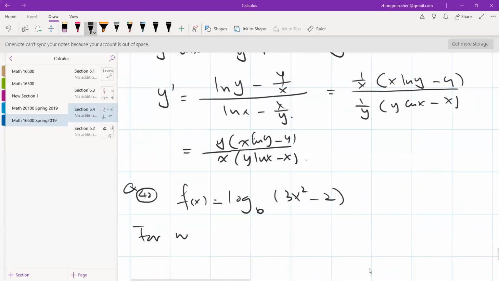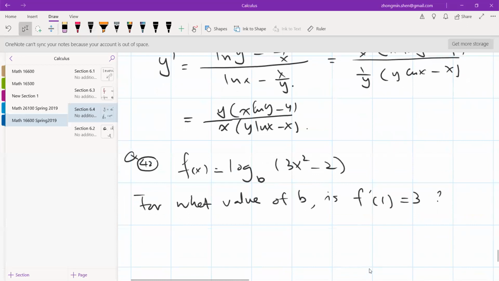So the question is, for what value of b is f prime of 1 equals 3? We're going to determine the value of b so that the derivative of f is going to be 3. So you have to find the formula for the derivative first.